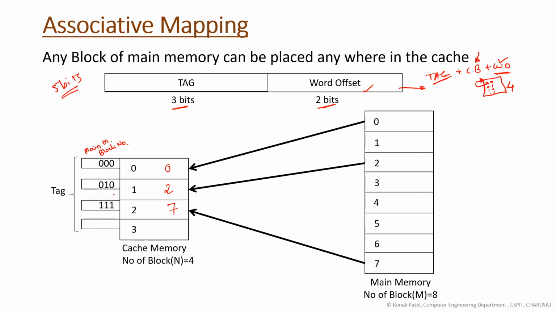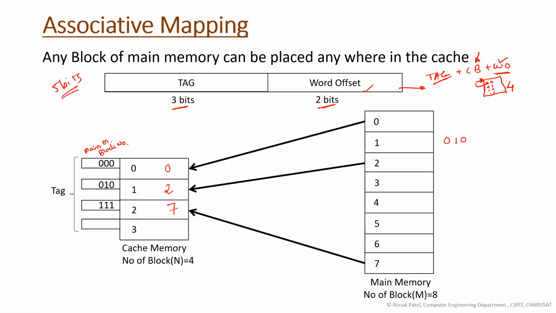We are directly identifying using the tag. Suppose I need to search for block number 2 in cache memory. What do I need to do? From the first block I need to check the tag. 2 is 010. From the first tag I am checking 000 and I want to search 010.